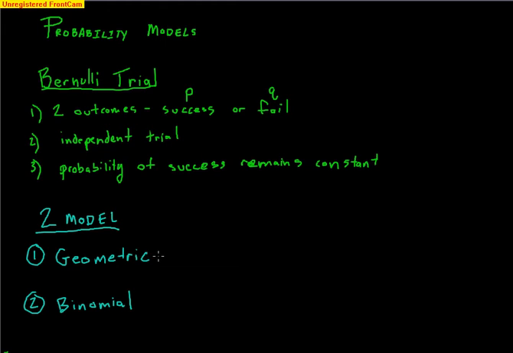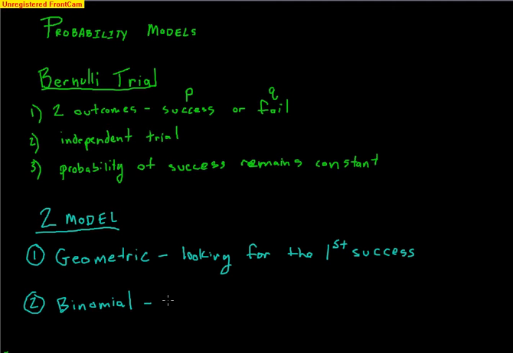Now in a geometric model, we're simply looking for the first success. And after that first success occurs, the problem's basically done. We only care about the first success. Binomial is a little bit more specific.